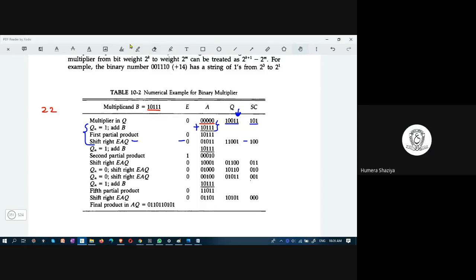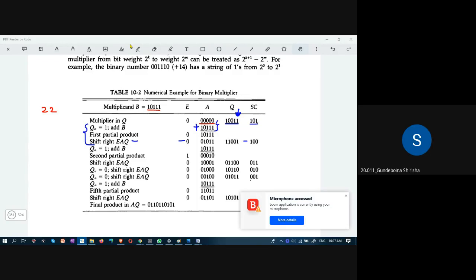Yes. And right shift of EAQ, and decrement of the sequence counter. 3 operations are performed.